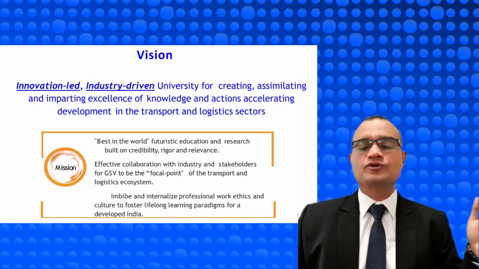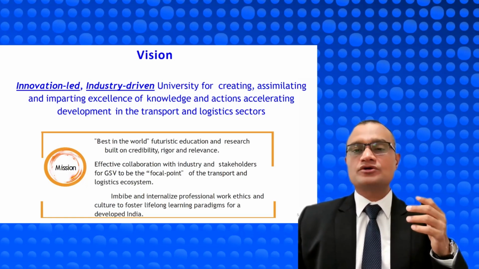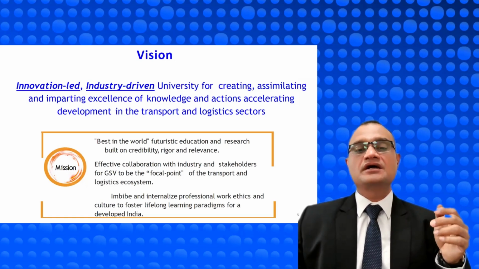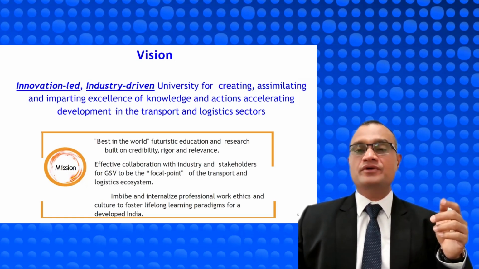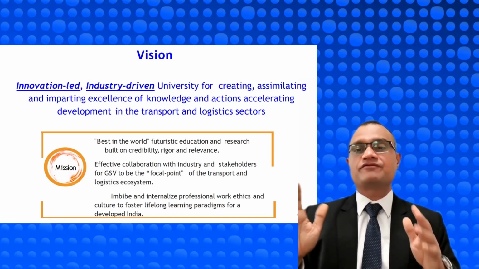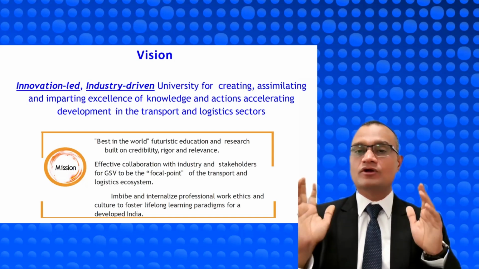The mission of the university is about best-in-class, best-in-world futuristic education and research, effective collaboration with industry and stakeholders, and to imbibe and internalize professional ethics and culture to foster lifelong learning for a developed India.